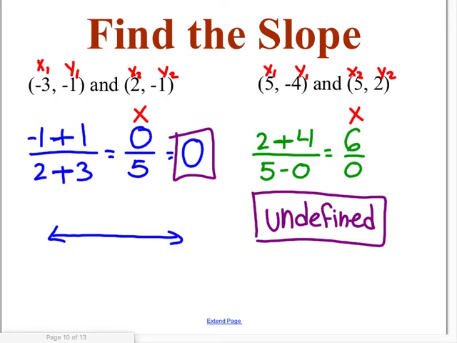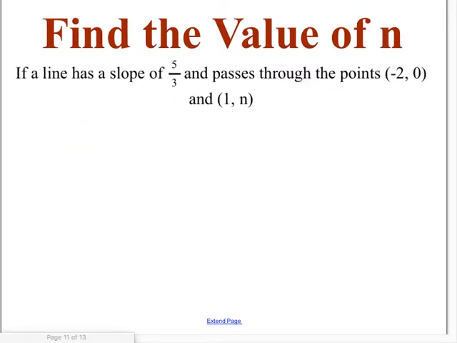Last thing we need to talk about is finding missing values from an ordered pair. So the slope of a line is 5/3 and passes through the points -2, 0, and 1, n. So we're missing that second y value if we go through and label our points.